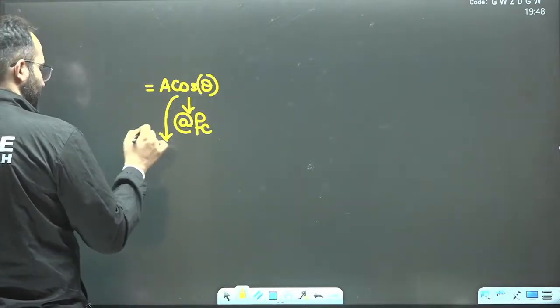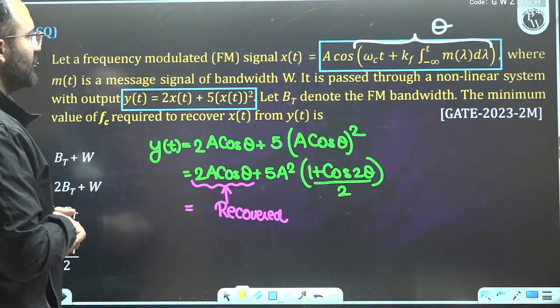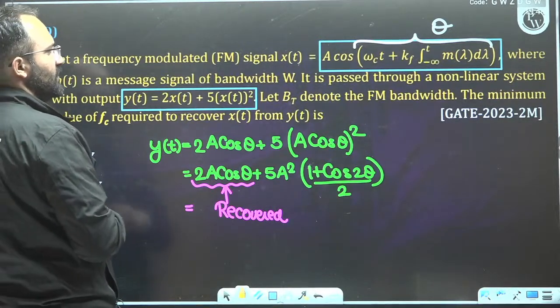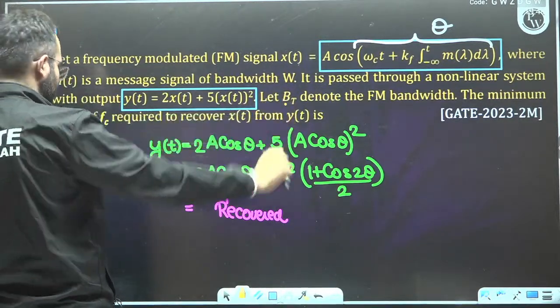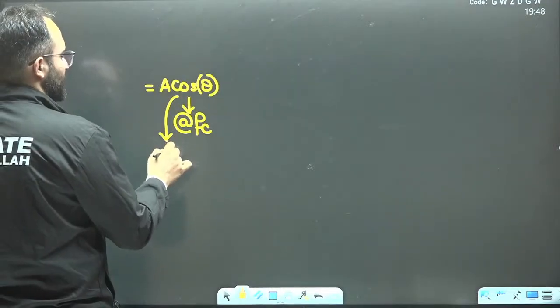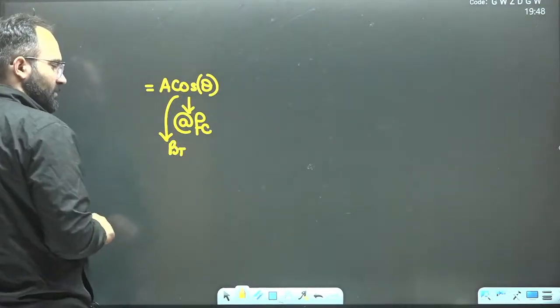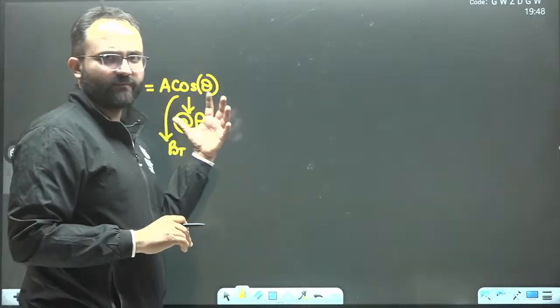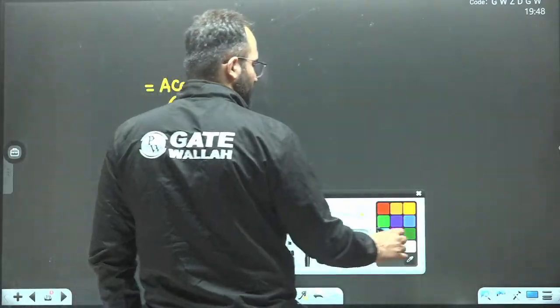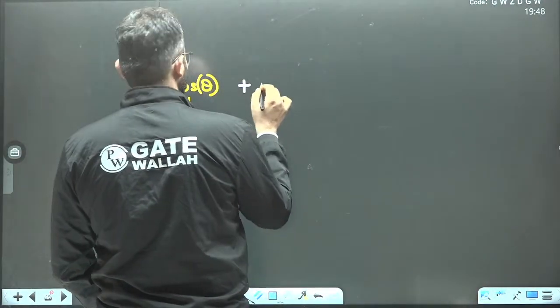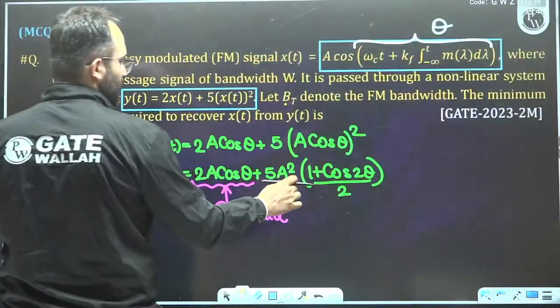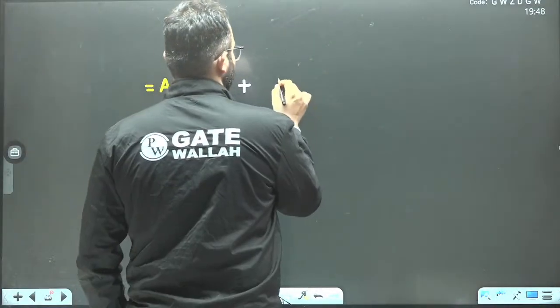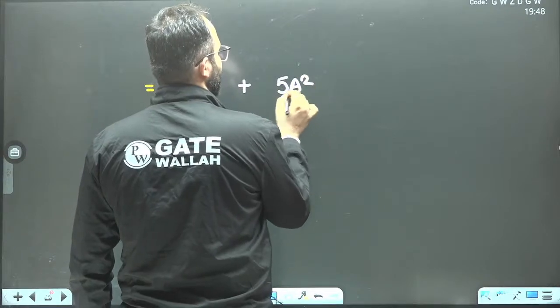This will have the bandwidth of BT that is given. Okay, it will have the bandwidth of BT, that is given to us. This is a simple FM signal. Now the other signal that we have is the second term, 5A squared by 2.